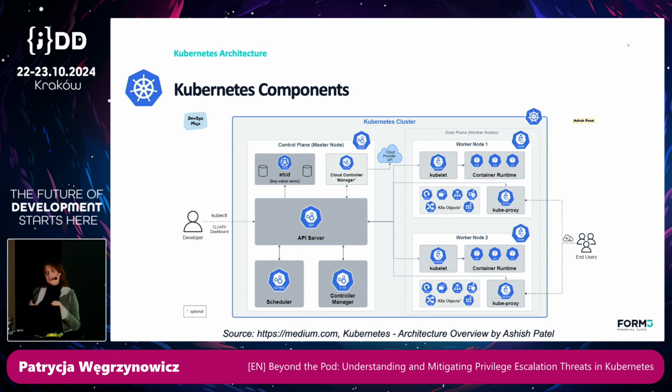The heart here is API server. So whenever you want to update or create a new resource, you need to go to API server. API server exposes Kubernetes HTTP API. So basically, this API can be used by various tools, including kubectl. Who knows kubectl? Yeah, I guess all of you.